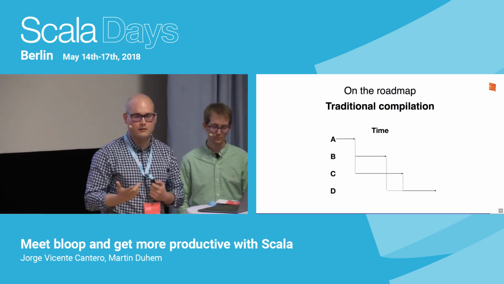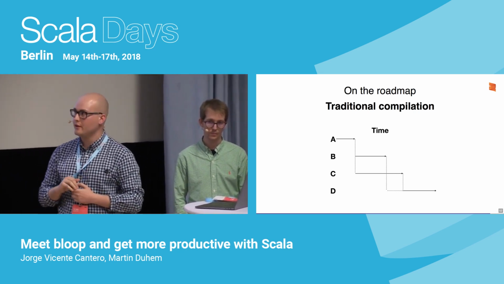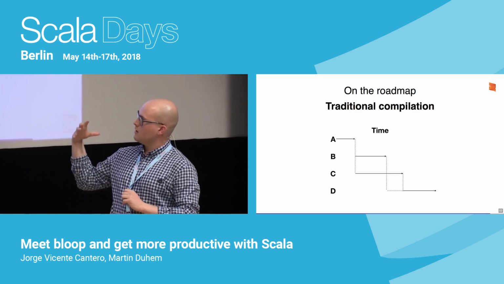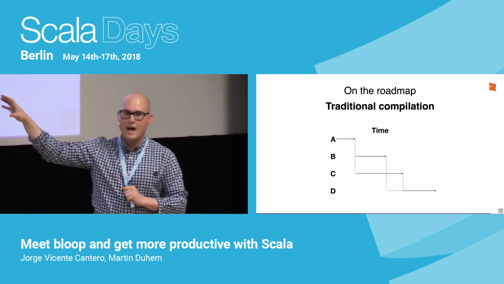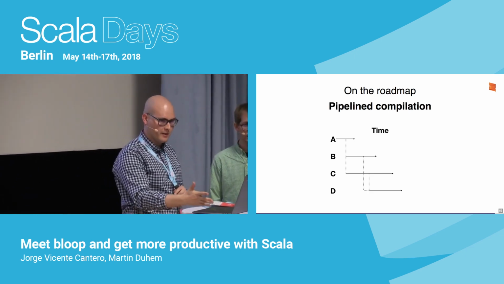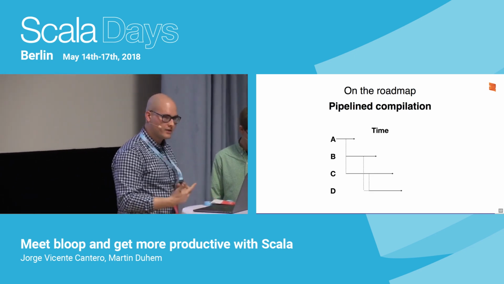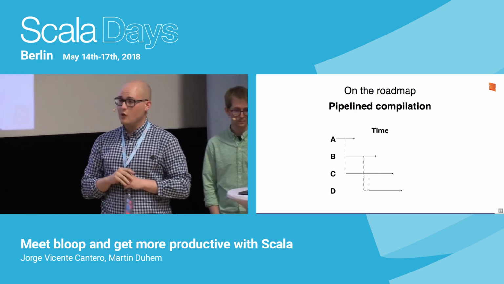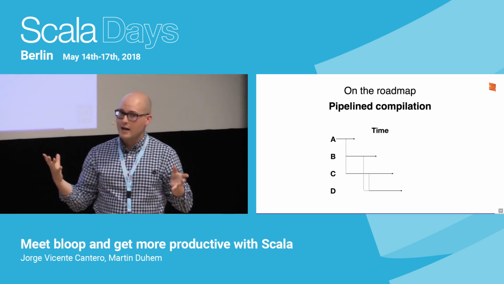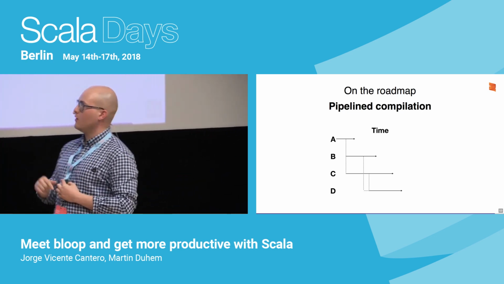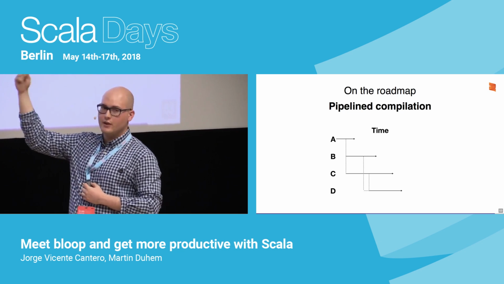But this is less than ideal, and there are some changes in the compiler that we can make to change this picture a little bit and give you better performance in both batch compilation and incremental compilation. That is called pipeline compilation. Pipeline compilation is the idea that I can start compilation of dependent modules way before the compiler has finished.